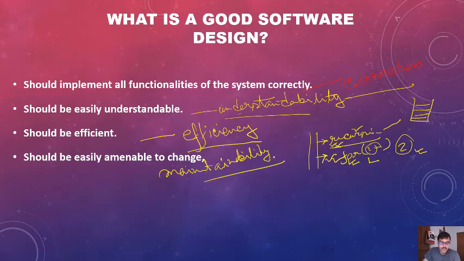Your design should be easy to change. If it is easy to change, then it should be maintainable. So these four characteristics will help you decide whether your software design is good or bad.